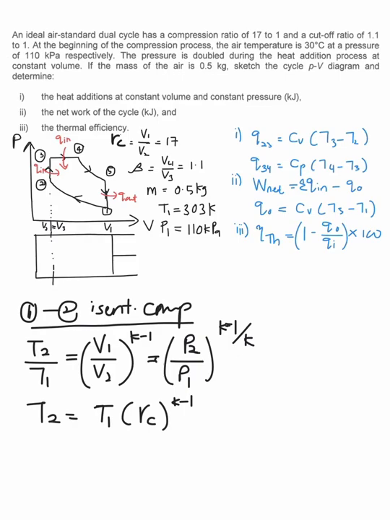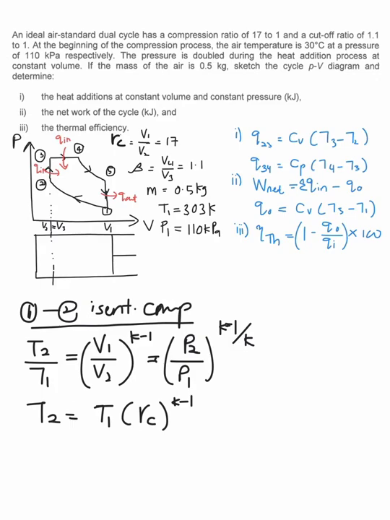Since we are looking for the temperature at 2, we can make use of the relation between temperature and volume, because you have this volume ratio, indicated as compression ratio, which is RC. I have corrected this one, it is RC, not VC.